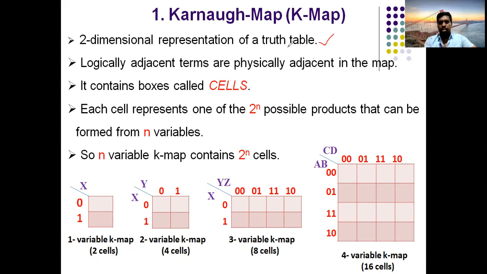A truth table is the table which represents the input combinations with respect to their output values. You can represent the same truth table in a two-dimensional way, and this two-dimensional way is what we call a K-map.